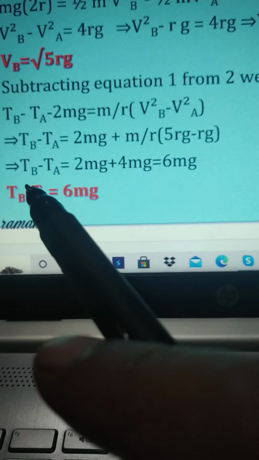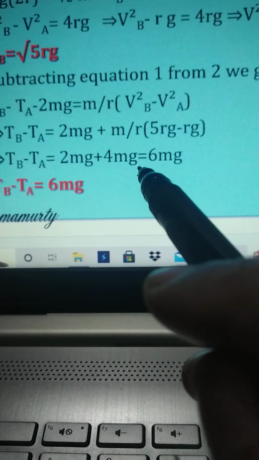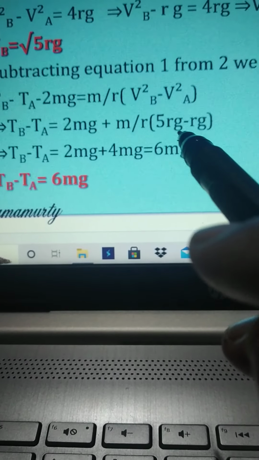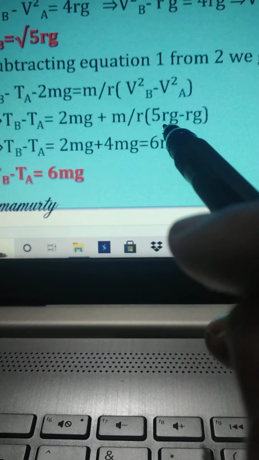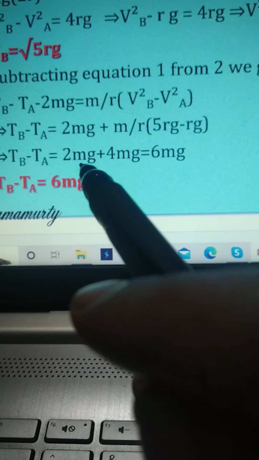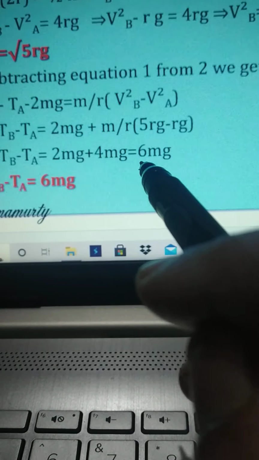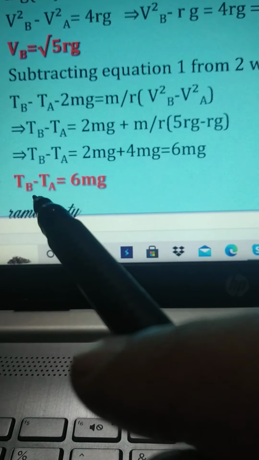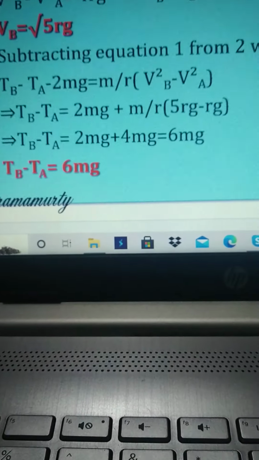So we get T_B minus T_A is equal to 2mg plus 4mg, which is equal to 6mg, correct? Because 5rg minus rg gives 4rg, and then mg plus 4mg is equal to 6mg. So the tension difference between the bottom and the highest point is 6mg.